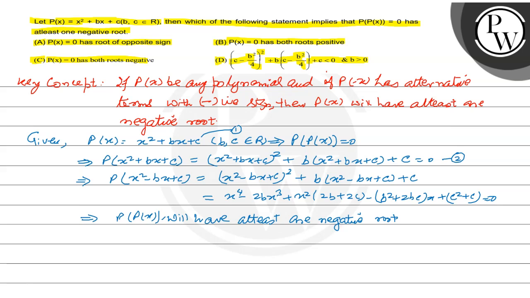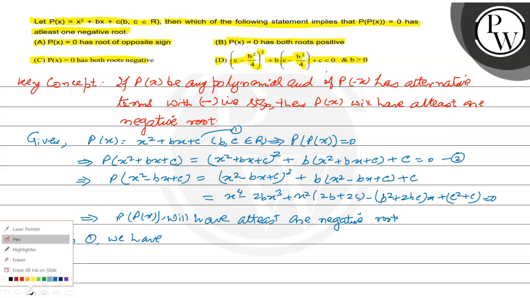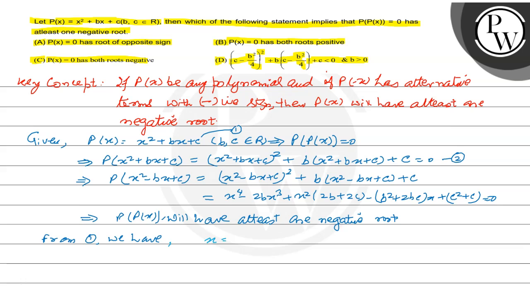Now let us see for the first one. We have to take out the value of x from here. We have x equal to minus b plus minus square root of b square minus 4c over 2. So it totally depends on this discriminant.